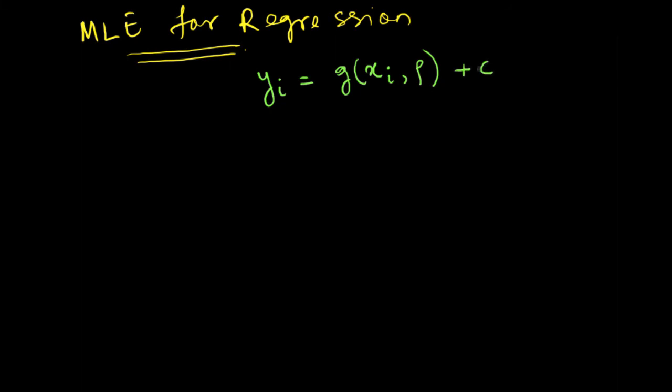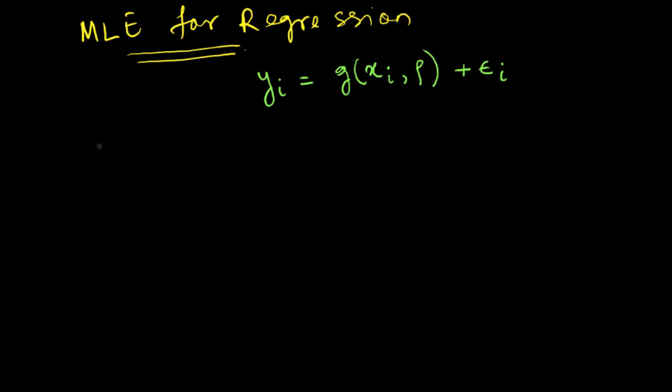And there is, of course, some error because no estimation is perfect. So this estimation g of our output values will never be exactly equal to yi, and there will always be some error. So this is essentially a curve fitting problem. Given a value of xi, we are trying to predict what yi should be.